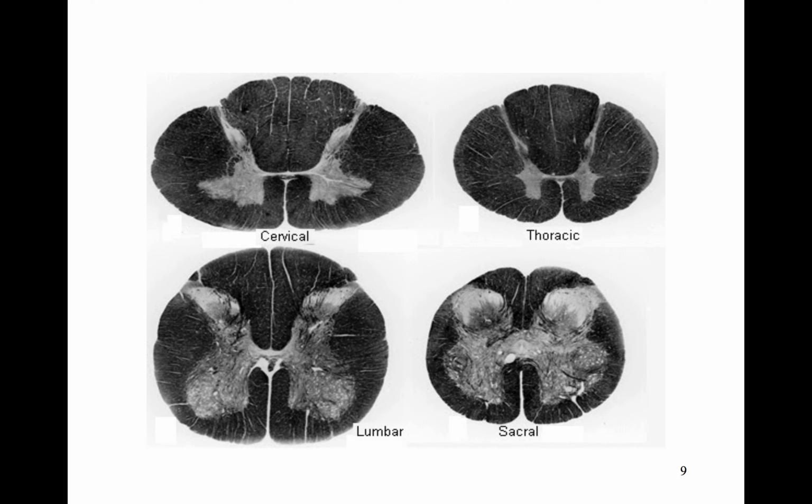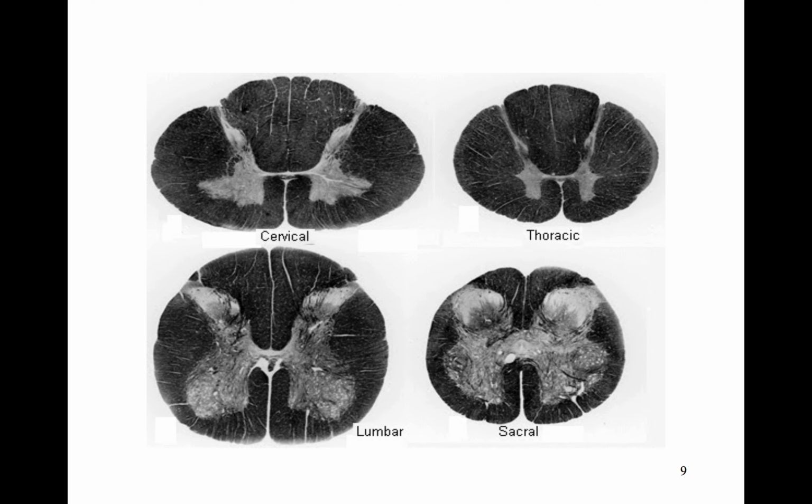One thing you'll notice as you look at the gray matter as we move from the cervical region of the spinal cord to the sacral region of the spinal cord is that the amount of gray matter, specifically ventral gray matter, present at a given level of the spinal cord is going to reflect the amount of skeletal muscle innervated at that level.